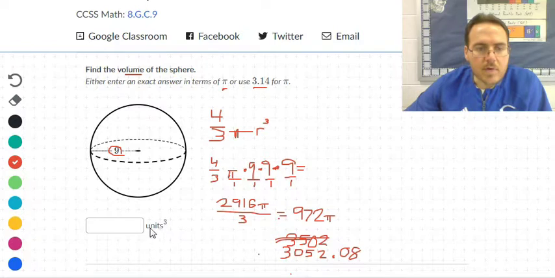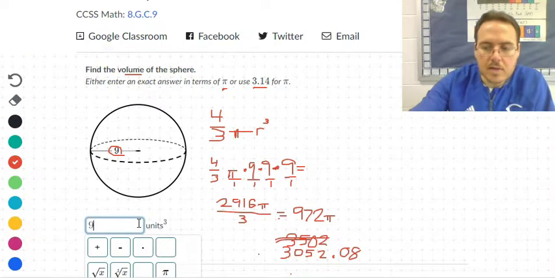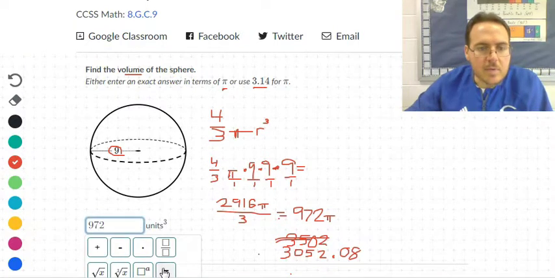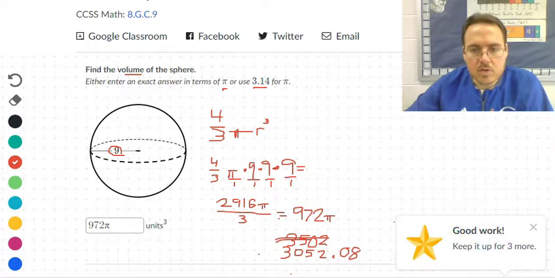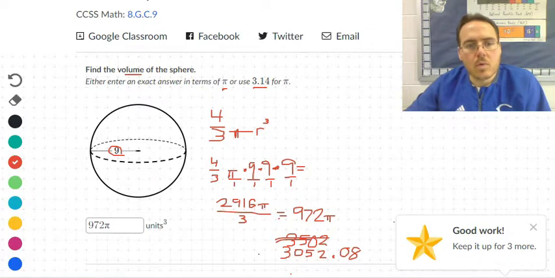So either one of these would be fine. It gives me the ability to click pi, so 972 pi should work out. Sweet. We got there.